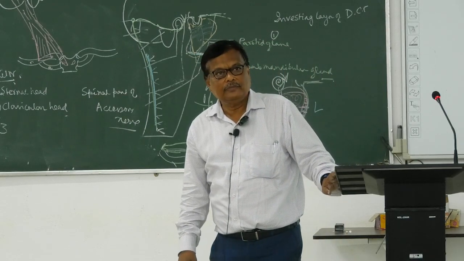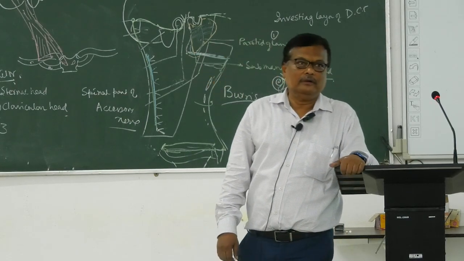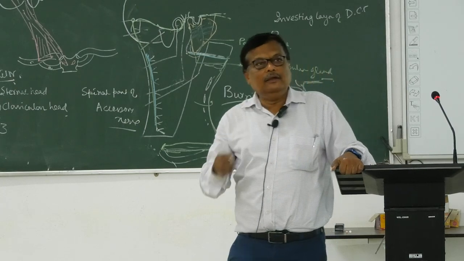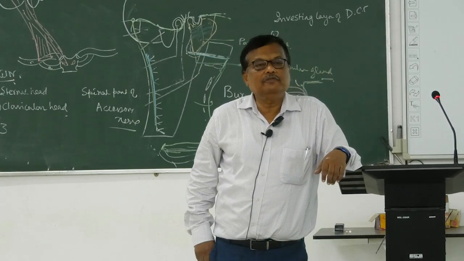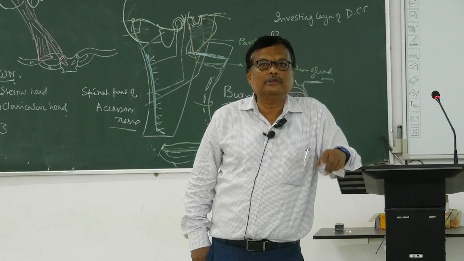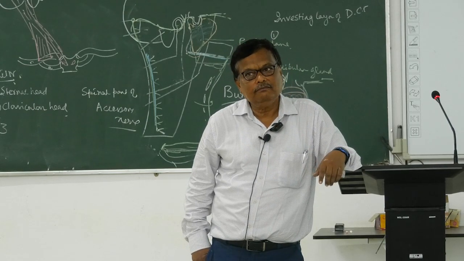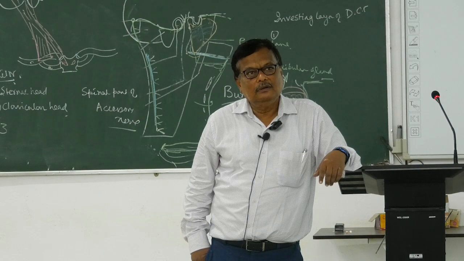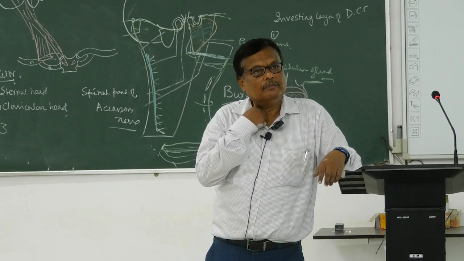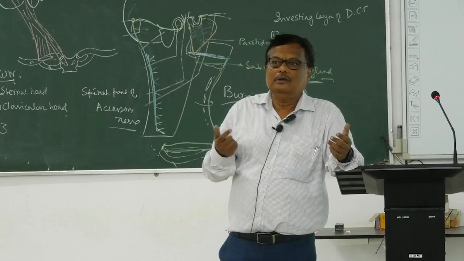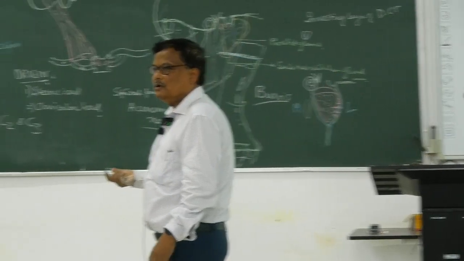What is the clinical anatomy? Sternocleidomastoid action may be damaged by different reasons. Number one, the most important, damage to the spinal accessory nerve. বুঝতেই পারছো, they both will be damaged.